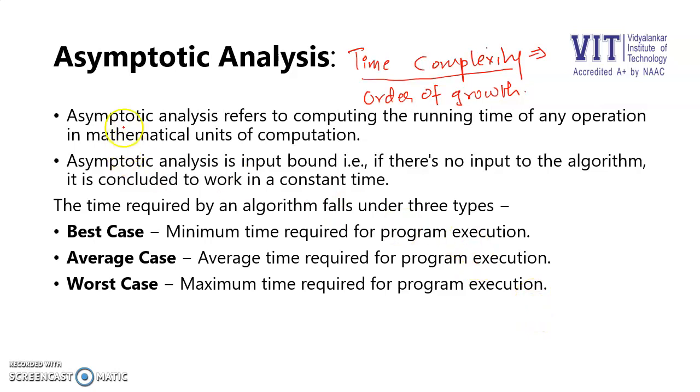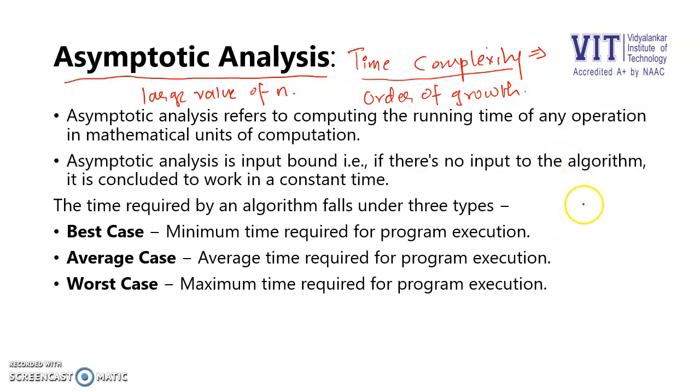Now, remember one more thing. When I'm talking about asymptotic analysis, this analysis is performed for very large values of n. Large value of n, remember. So when it comes to time complexity, we are interested in finding the order of growth of the function.